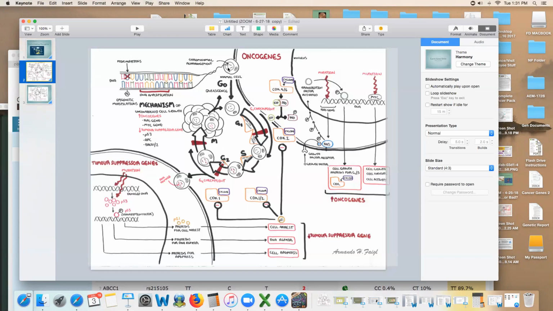So if a normal cell gets into the cell cycle and our body recognizes that cell as having damaged genes, then these different checkpoints here should block the replication, and the replication never occurs, and eventually this cell goes through apoptosis. That's our body killing it or recycling it or breaking it down and reutilizing the cell components.